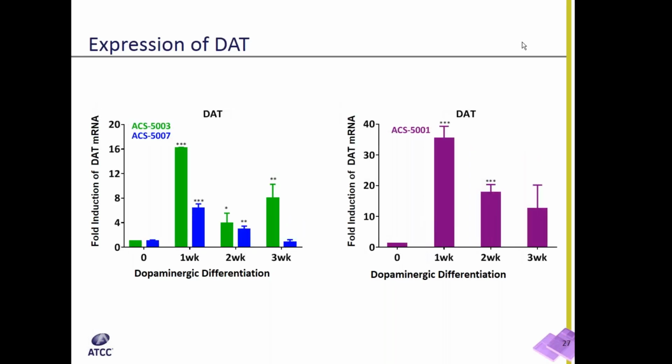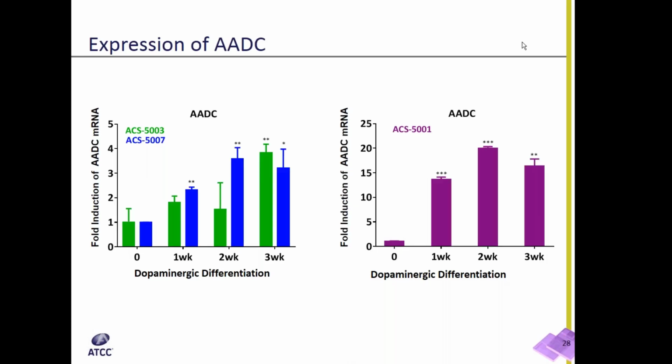DAT, which has the opposing function of pumping dopamine out of the synapse back into the cytosol, showed a significant increase followed by decreases after the first week.